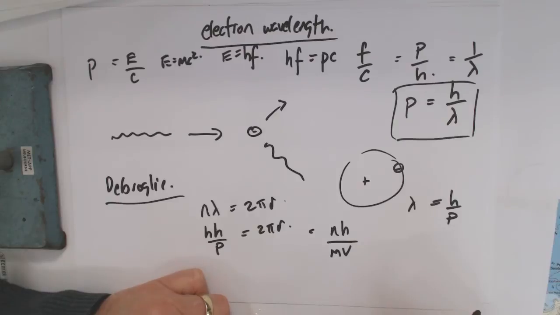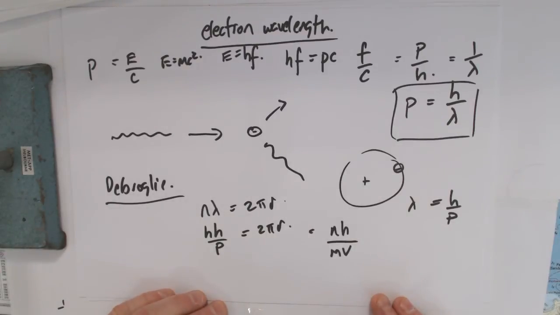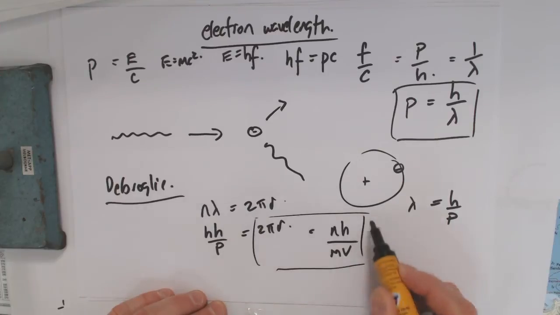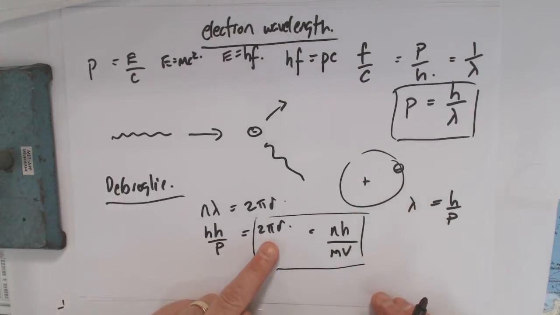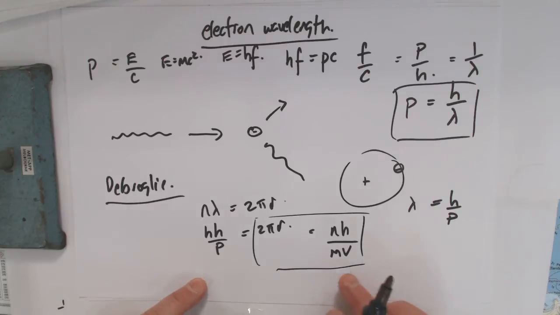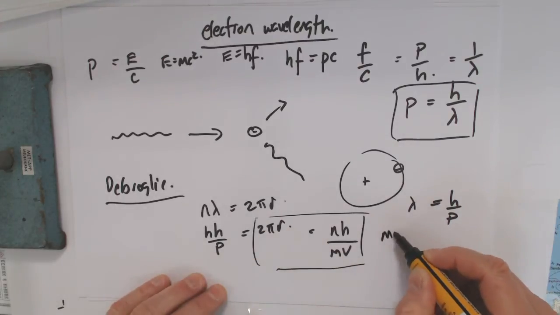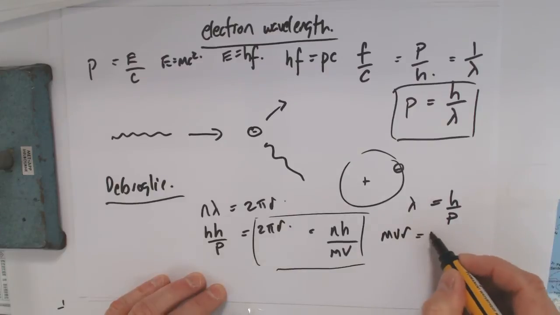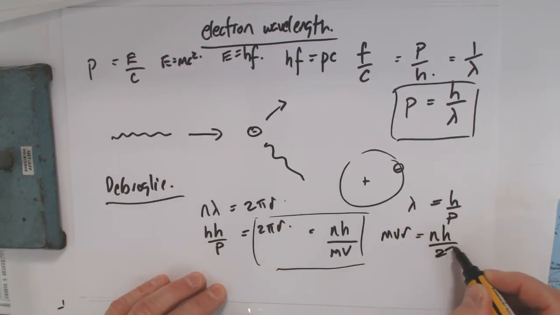And if we bring the 2 pi down, we'll bring the 2 pi down here. So this is all looking good at this stage, right? And let's say we're trying to get to Bohr's theory, which was just mvr. So we put the mv up there. mvr equals nh over 2 pi. And remember, h over 2 pi was the same as h-bar.